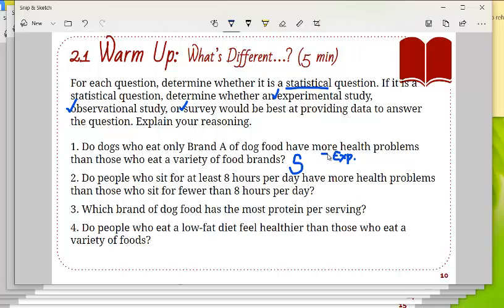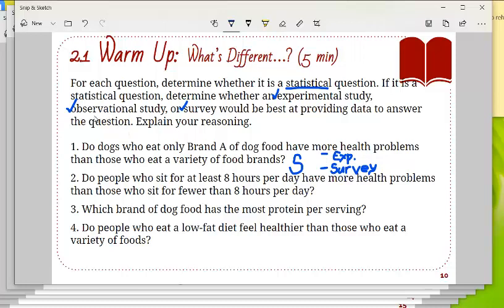And so we could then compare the health problems of those two. I could also do a survey. A survey might be very helpful here, where I'm asking different dog owners, how many times have you taken your dog to the vet? How many times have you switched their brand of dog food? Is it always the same brand, or are you using multiple different varieties? All right. So I could do an experiment, I could do a survey.